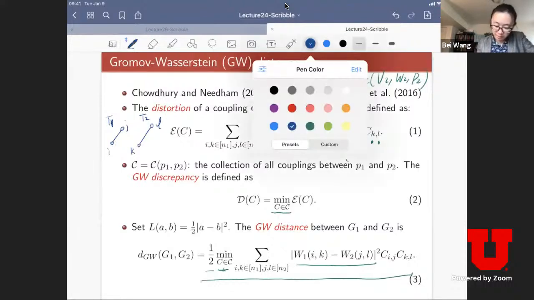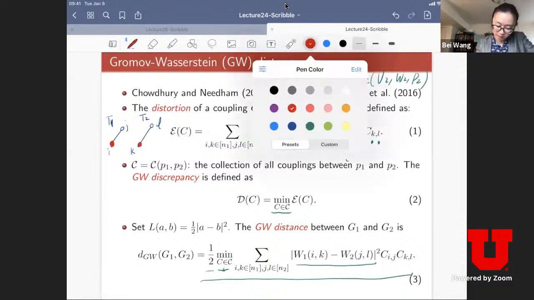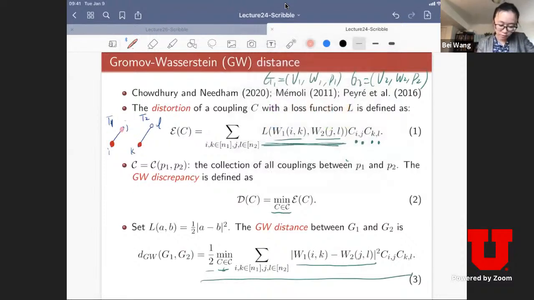If I map node I from the first tree to node K from the second tree, and node J from the first tree to node L from the second tree, this term is looking at the multiplication of the coupling probability between those two. Then this first term here is capturing the differences, or the loss, between the corresponding weights.